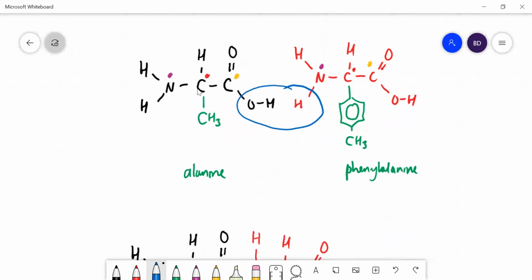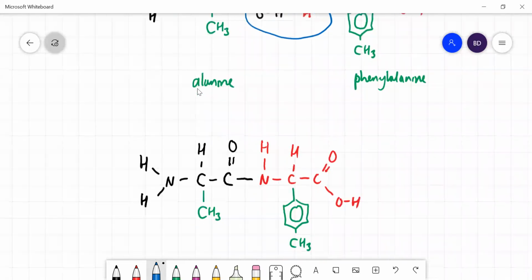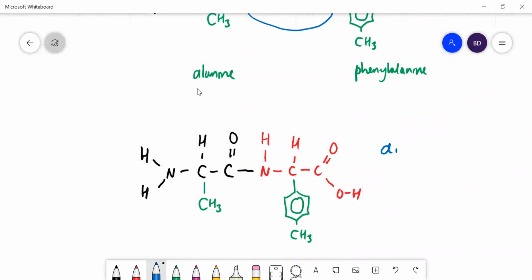so you lose the water there from the NH2 group and the carboxylic acid group. And if you have a look here, this would be called a dipeptide. This is a dipeptide because there's 2 amino acid residues in it, and this here is called the peptide linkage. Now, the peptide linkage is a special amide.